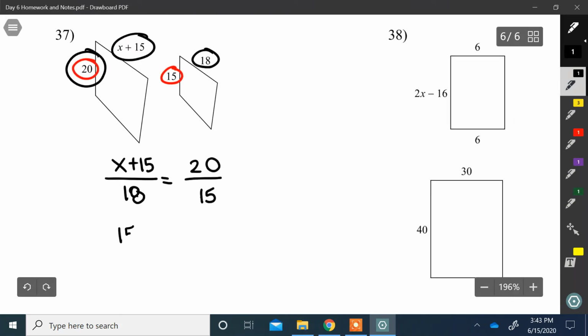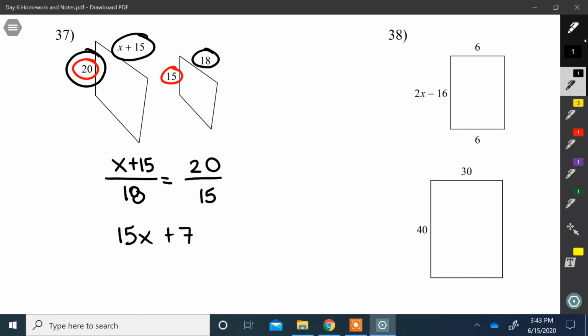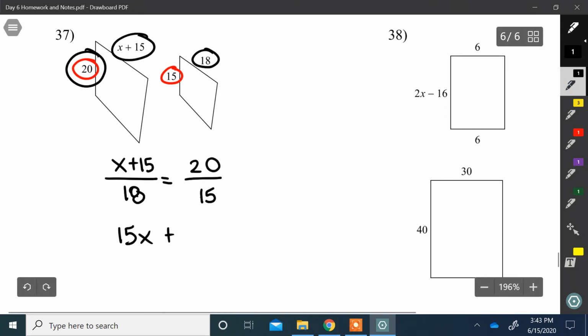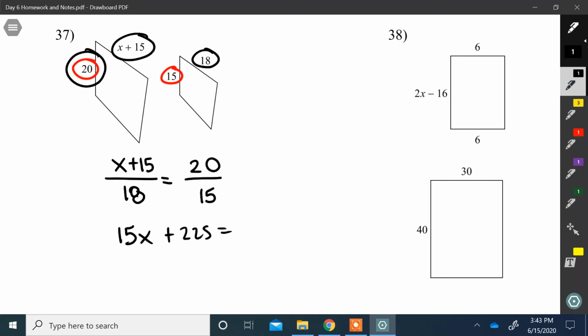I should get 15x plus 75, oh no, that's wrong, 15 times 15 should be 225 actually. And then we're gonna multiply 20 times 18, that should give you 360.